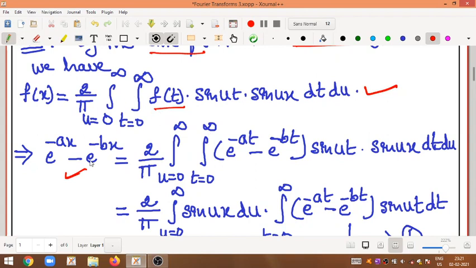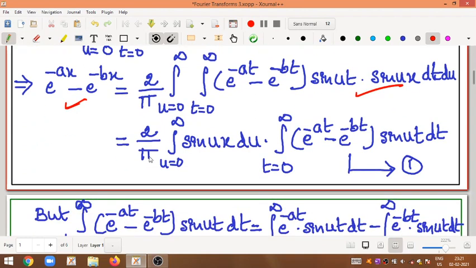Here f of t, instead of x, t will come: e power minus at minus e power minus bt, into sine ut into sine ux into dt into du, where we write as it is.